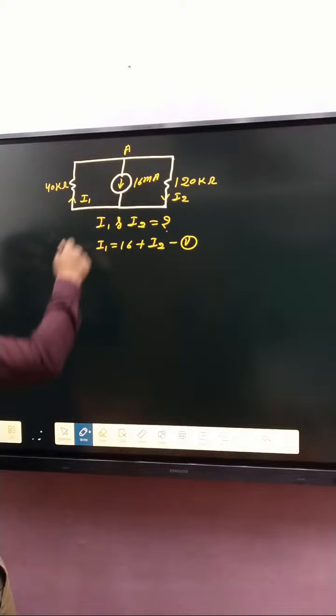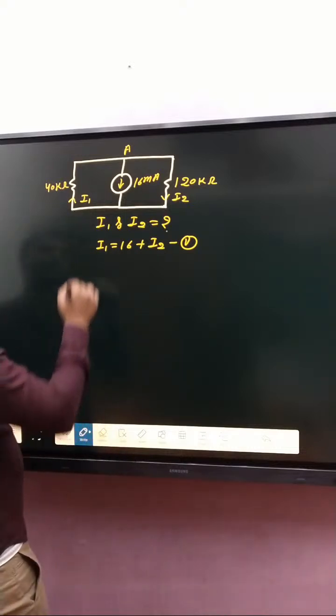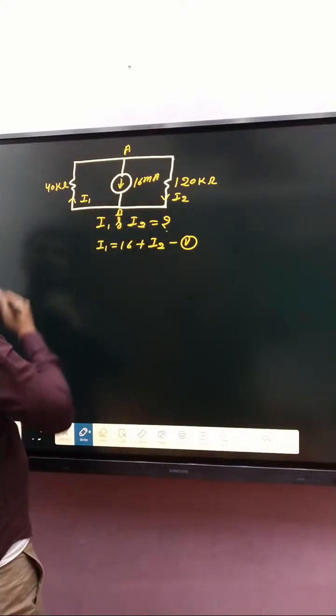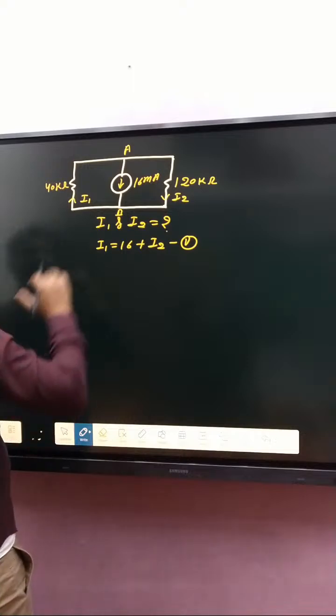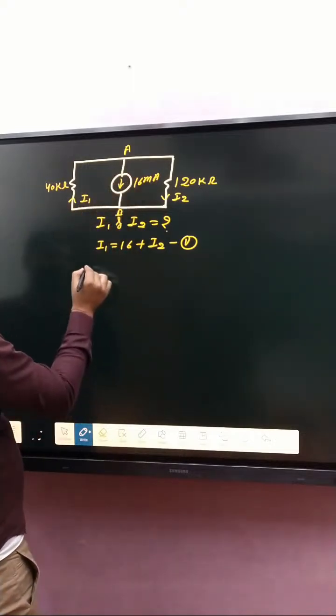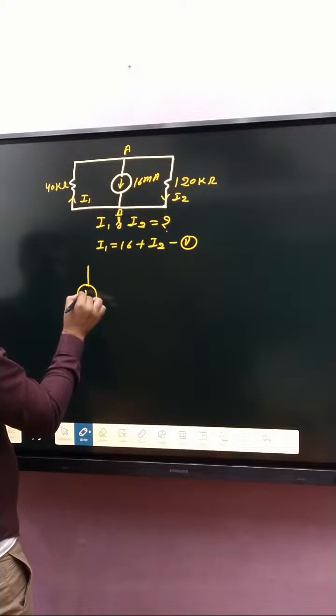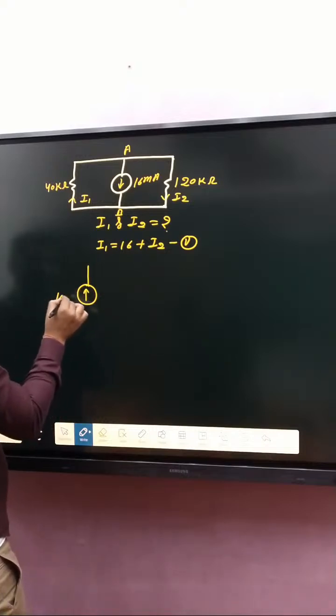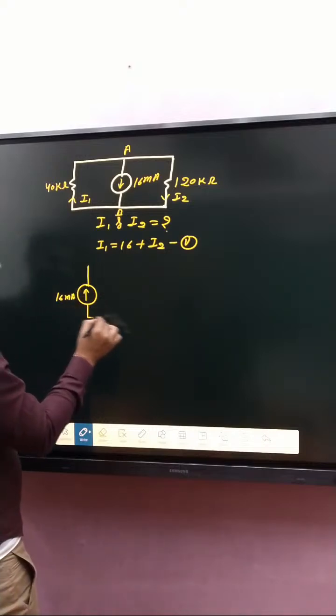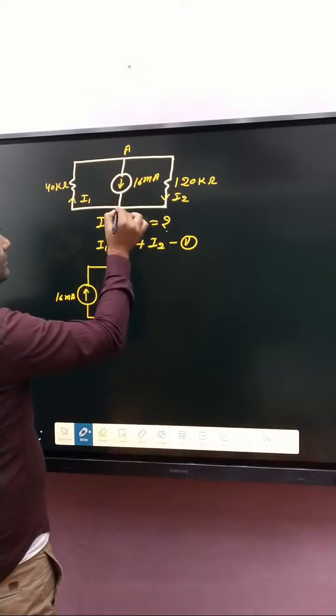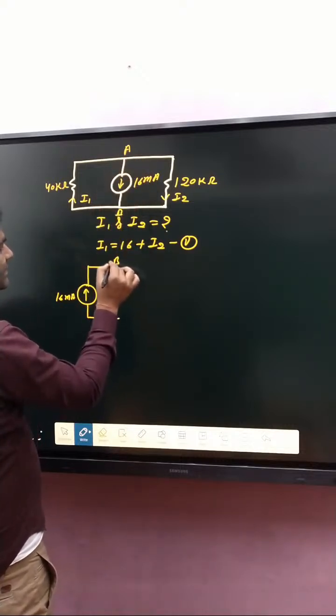If you redraw this, that one is the 16 milliampere source, here B, here A.